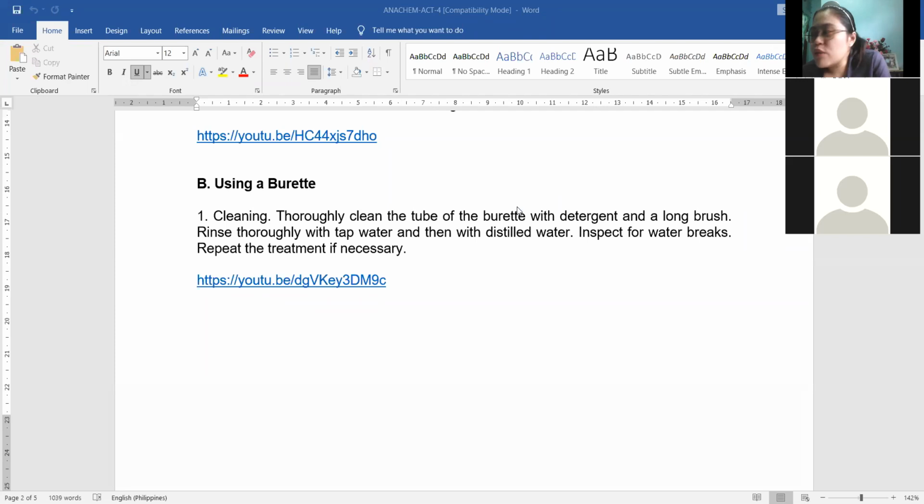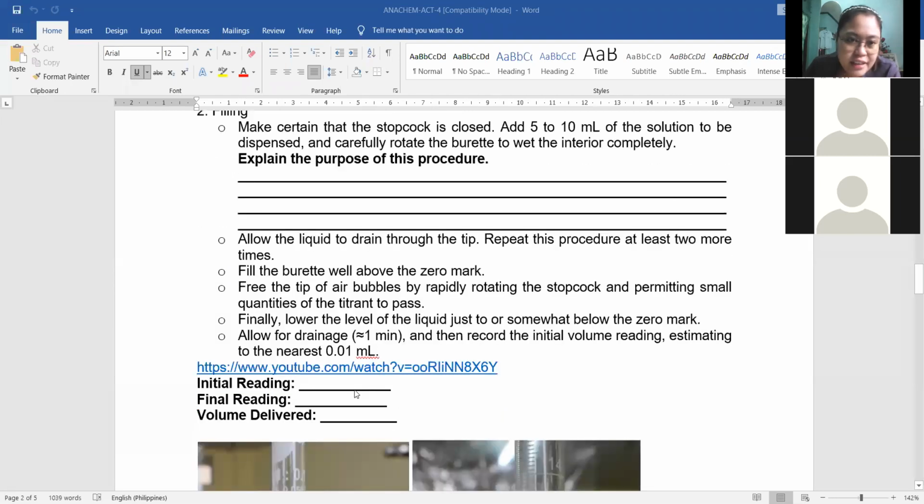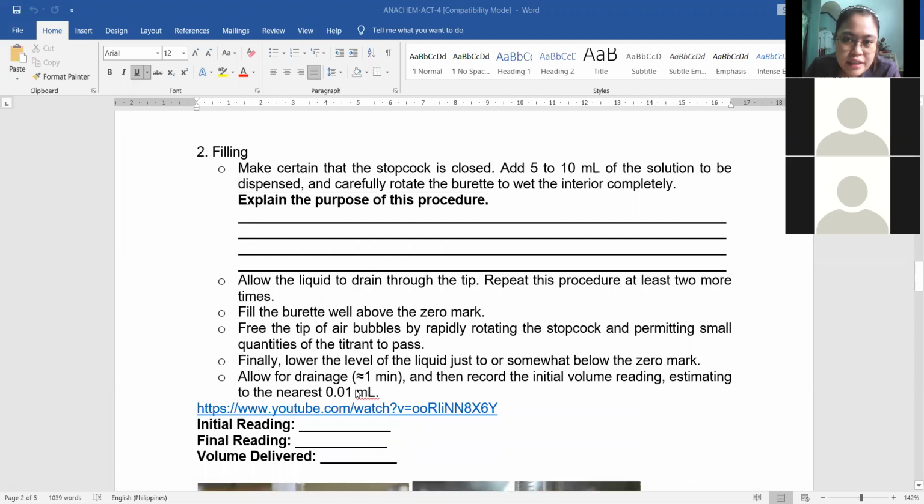Si burette naman mostly ginagamit natin for titration processes. Okay? So dito muna tayo sa filling before tayo mag-move on sa ibang part ng paggamit ng burette. Sa filling, you have to make sure na syempre naka-close yung stopcock kasi kung naka-open yan class, syempre magdi-drain lang yung water na nilagay.